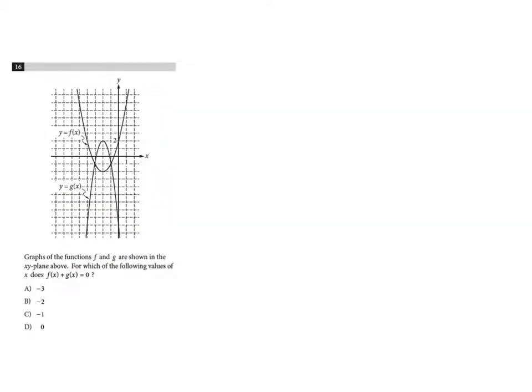Okay, 16. Graphs of the functions f and g are shown in the xy plane above. For which of the following values of x does f of x plus g of x equal 0? Well, for f of x plus g of x to equal 0, they must be additive inverses.